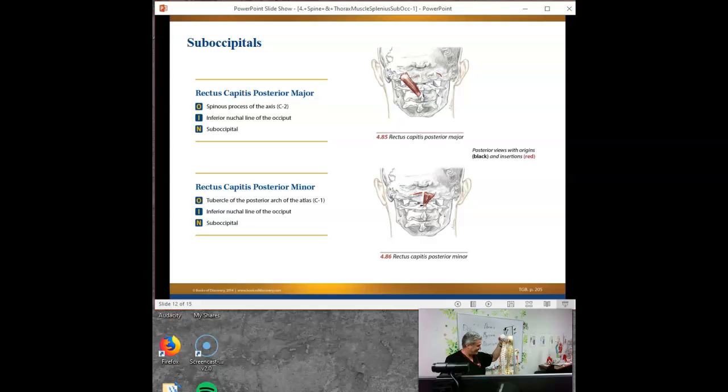Was it the spinous? You're right about spinous. Spinous processes. It doesn't have a spinous process, but it does have a tiny little bump on it. A little teeny tubercle. It doesn't have a spinous process, but it has a tiny tubercle that this muscle attaches to.